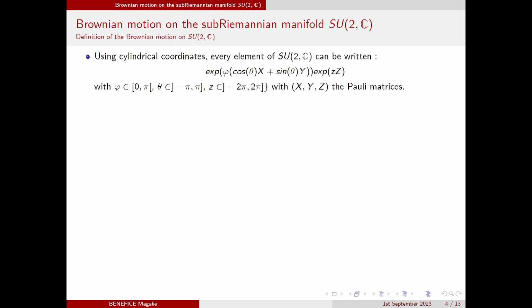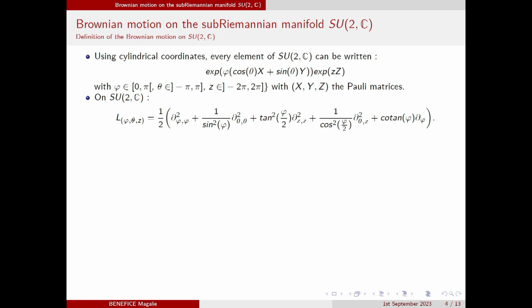So we will use the so-called cylindrical coordinates on SU(2). So we can write every element of SU(2) like that, with phi, theta, and z, which are in compact sets here, and X, Y, which are the Pauli matrices I gave before.